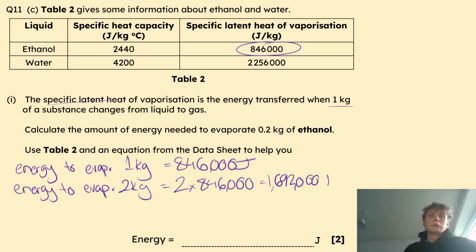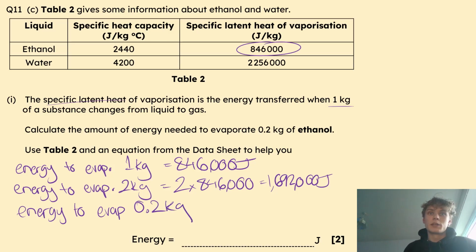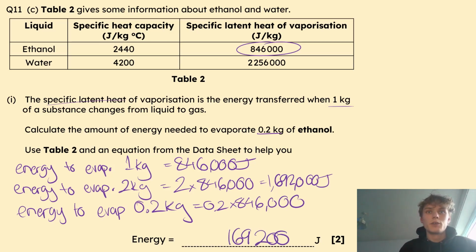And so you might as well say the energy to evaporate 0.2 kilograms of ethanol, which is what they want in the question, should be 0.2 times 846,000. And that would give you 169,200 joules. That's right. You would get 1 mark for that calculation there, and 1 mark for writing down the correct answer.